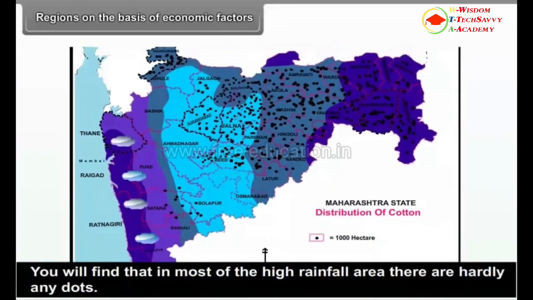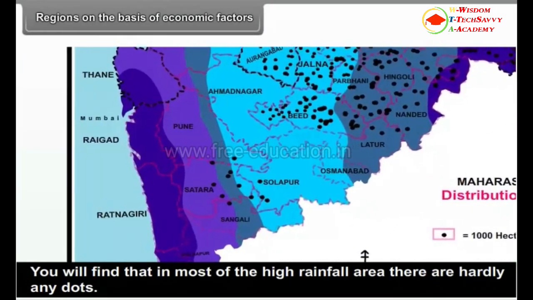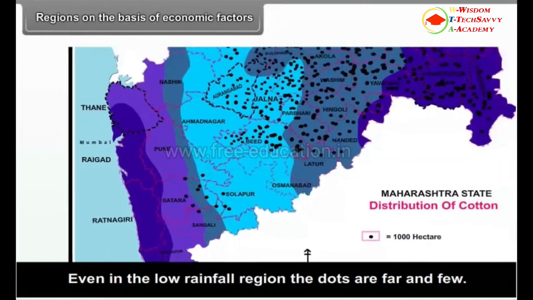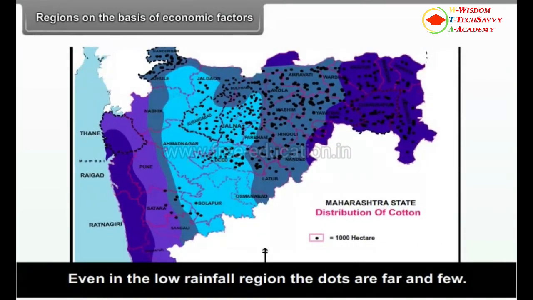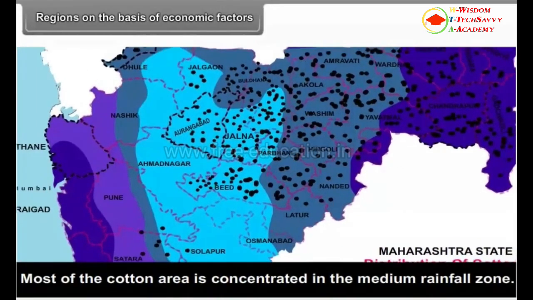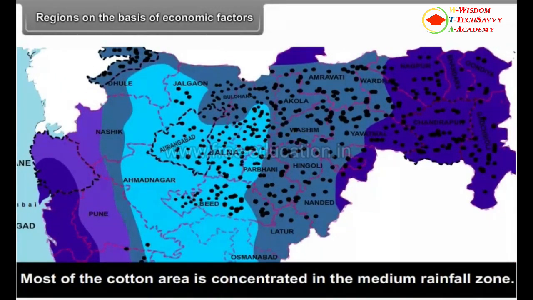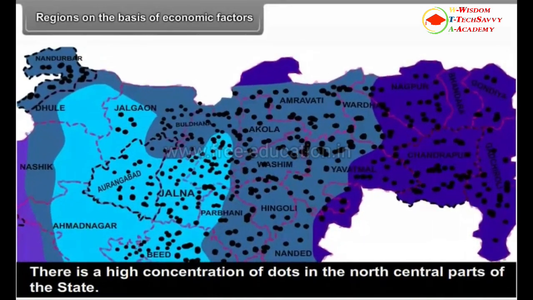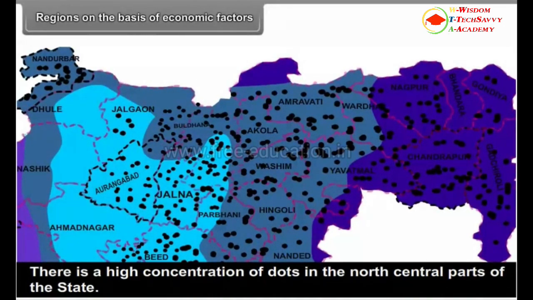You will find that in most of the high rainfall and very high rainfall areas, there are hardly any dots. Even in the low rainfall region, the dots are few and far between. Most of the cotton area is concentrated in the medium rainfall zone. There is a high concentration of dots in the north central part of the state.